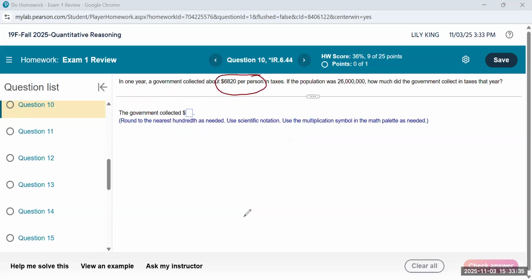So this is the per capita. The per capita has been given to us, okay? The per person has been given to us. We also know the population. Now, what we don't know is the quantity, all right? So per capita is the quantity divided by the population. We have two things given, so we can find the last item.